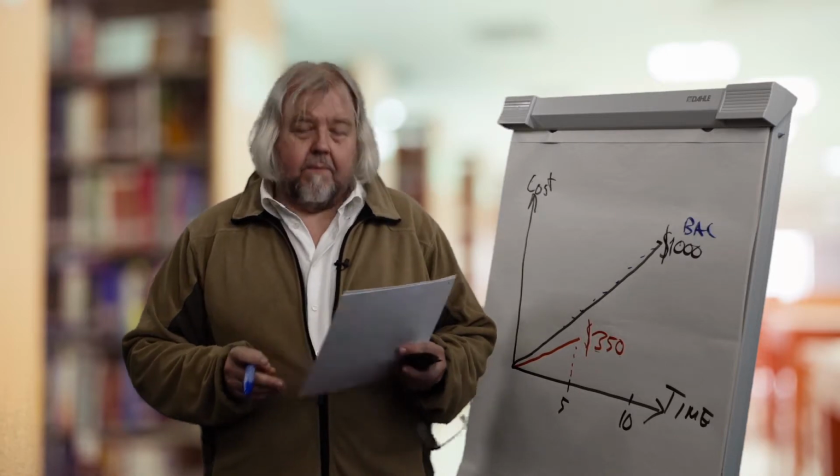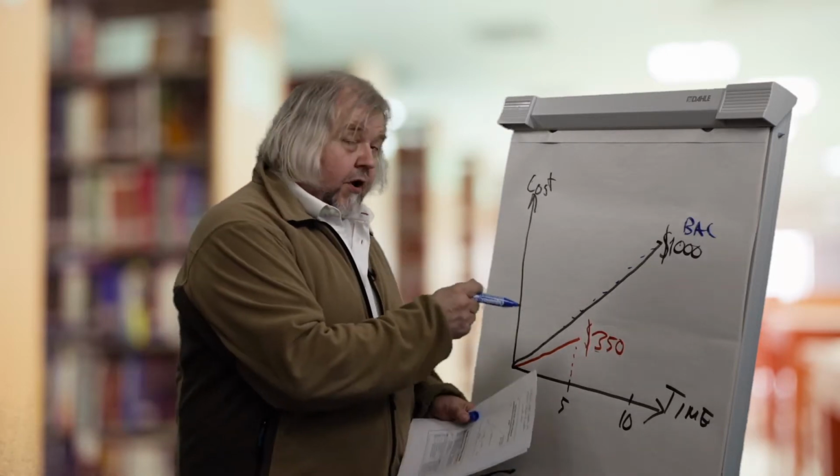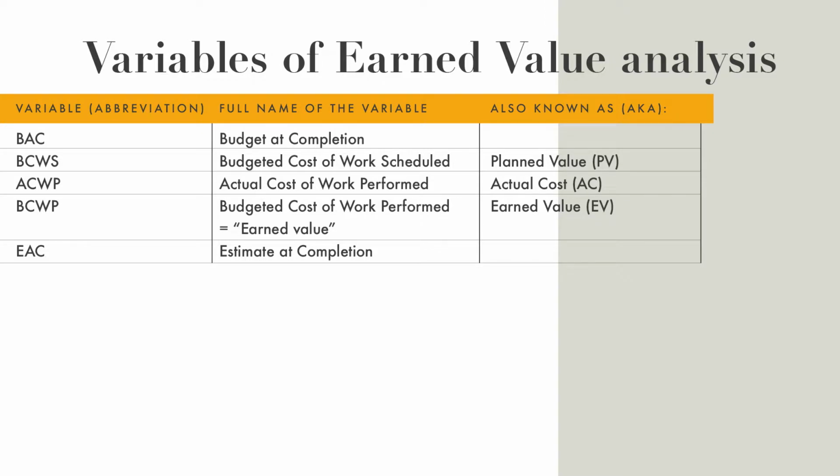Budgeted cost of work performed, which actually we don't have here, which is the actual kind of an earned value or percent complete of the scope that we have done so far. So we need that information. Then we have estimate at completion, which we don't have in this picture, but it's an important parameter so that we can estimate whether we are going over or under budget and how much time that is going to take.